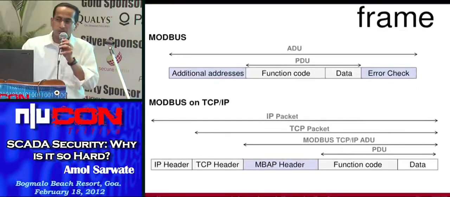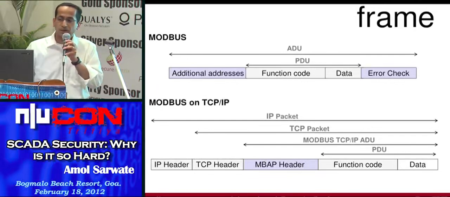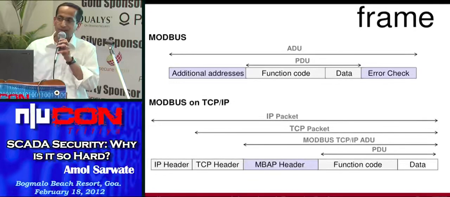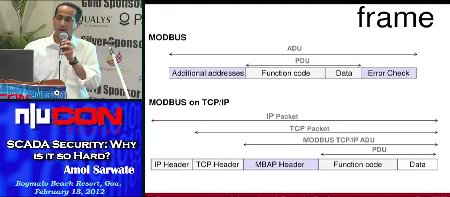Modbus is a protocol which is around 30 years old. A lot of SCADA protocols are more than 20, 30 years old, even before TCP/IP. So Modbus was not initially designed to run on TCP/IP, and the diagram on the top is a typical ADU, which is the application data unit, and PDU, the protocol data unit, for a Modbus frame.